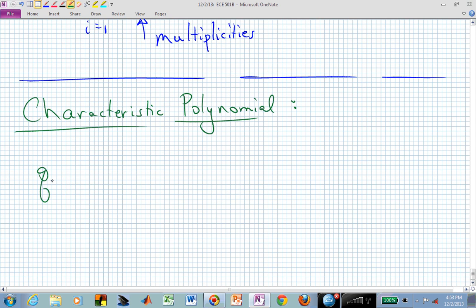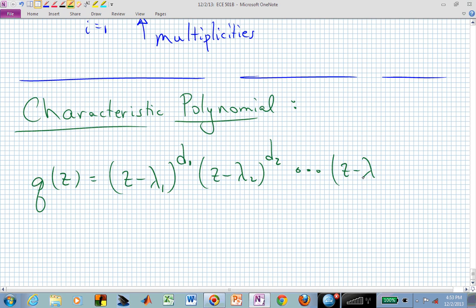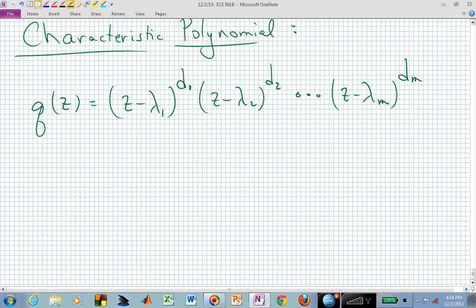We're defining q of z, where z is a complex number, to be z minus lambda sub 1 to the d sub 1 times z minus lambda sub 2 raised to its multiplicity, d sub 2, and we just keep going until we run out of distinct eigenvalues raised to the appropriate multiplicity power, d sub m in this case. Q of z is the characteristic polynomial.